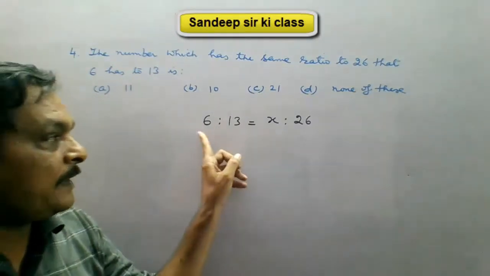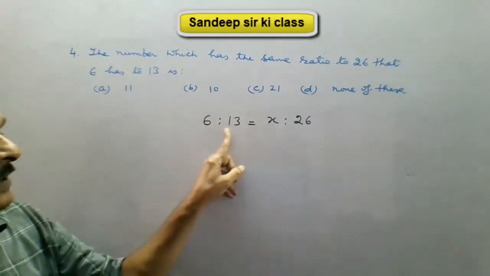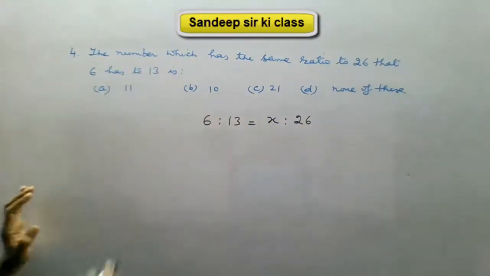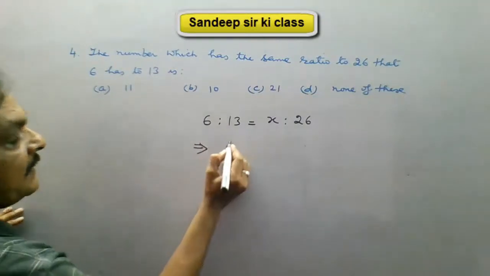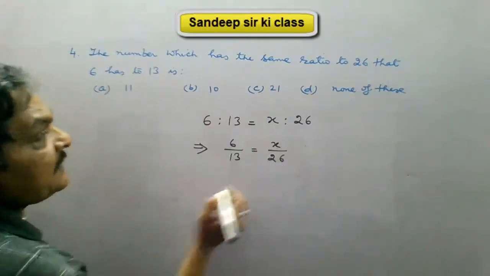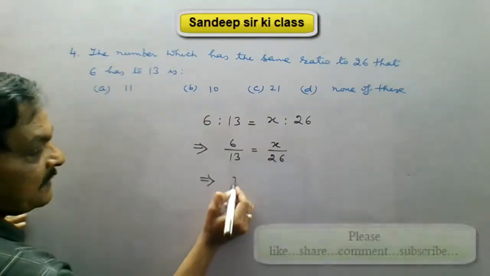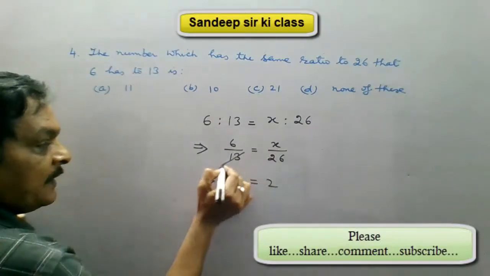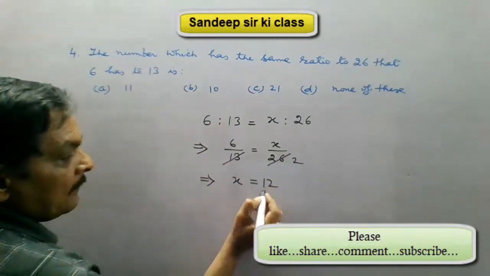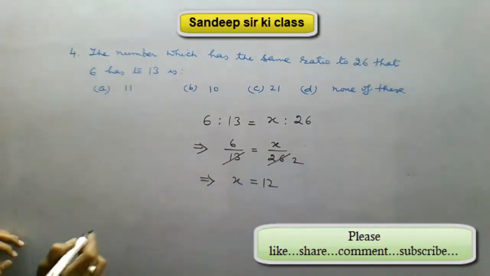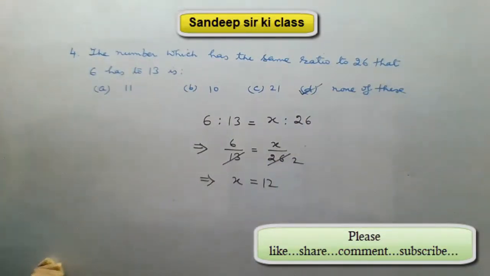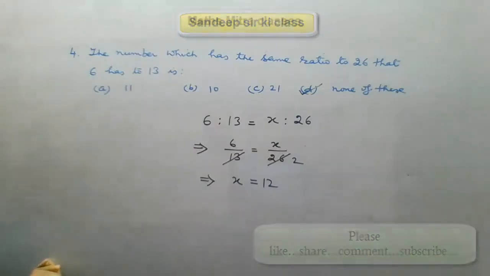So the equation we have here is 6 ratio 13 is equal to x ratio 26. This implies that 6 upon 13 is equal to x upon 26, which gives us x equal to 2 times 6, because 13 cancels 26 two times, and 2 multiplied by 6 is 12. So x equals 12. Here option D is correct, none of these.